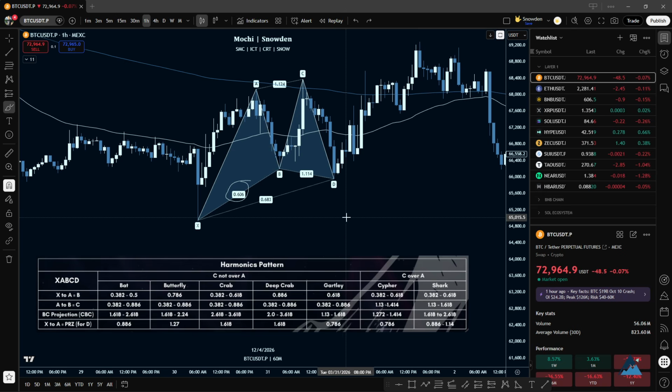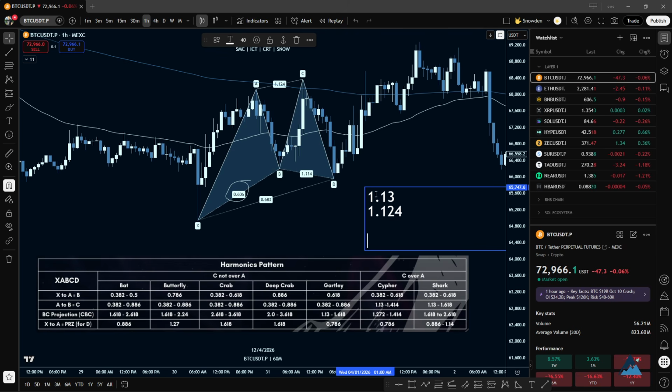What about the C-leg? We want 1.13, but what we got is 1.124.